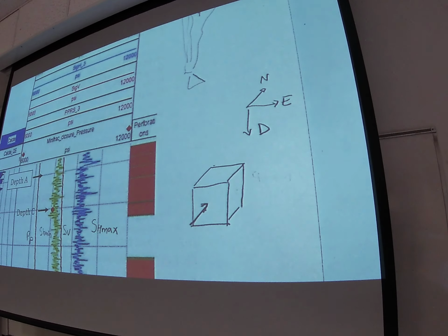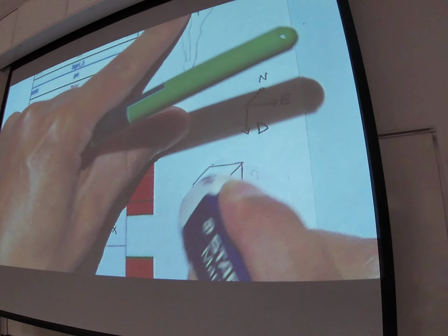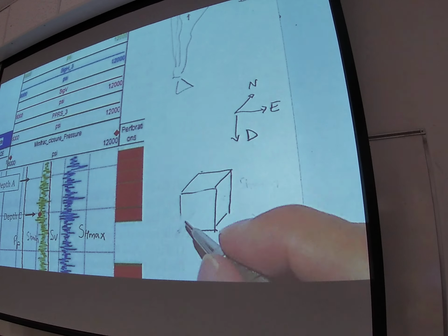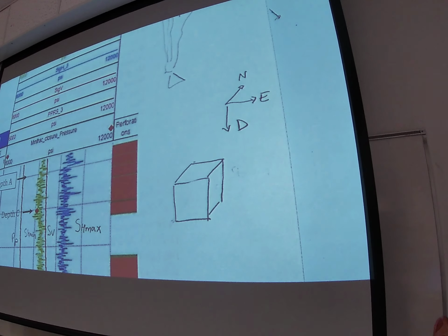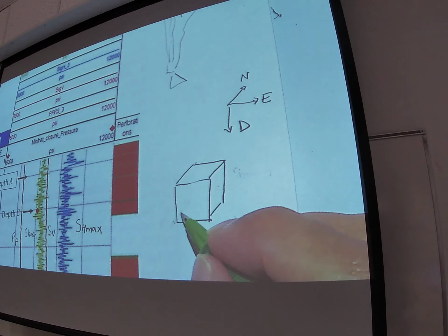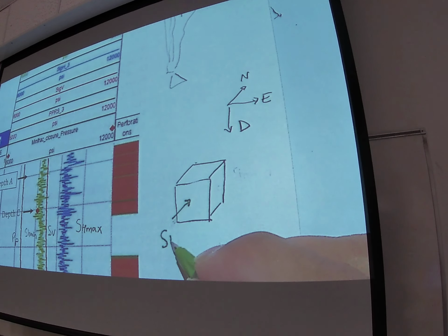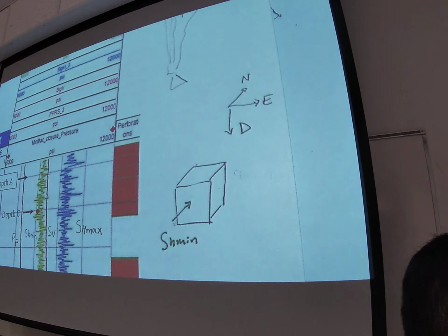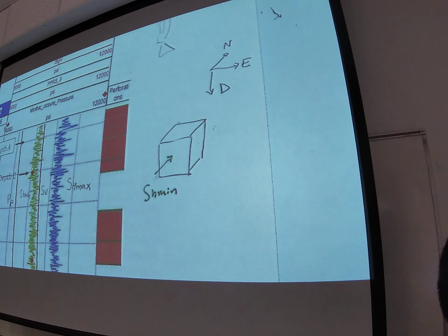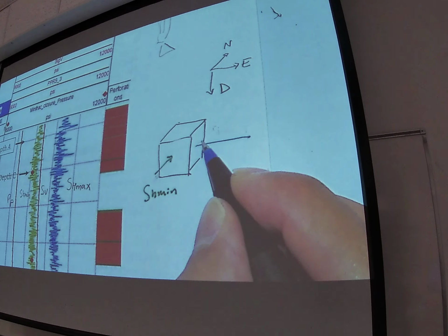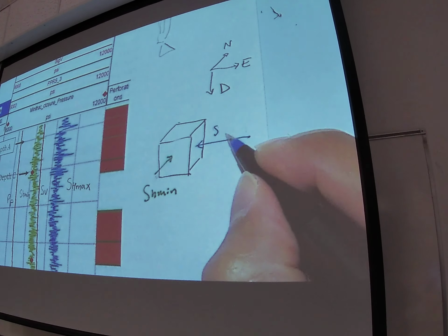And actually, I have some colors, so probably I can do it in colors too. Green, that's SH min, and SH max is in blue, and it's going to go in direction east-west.